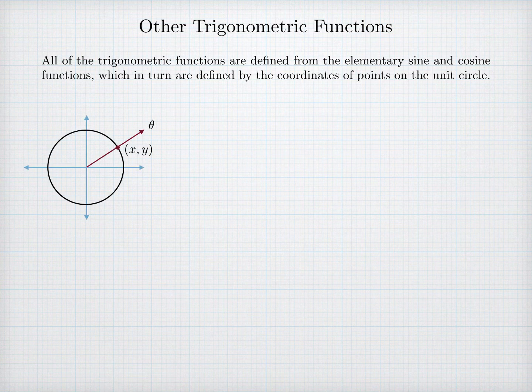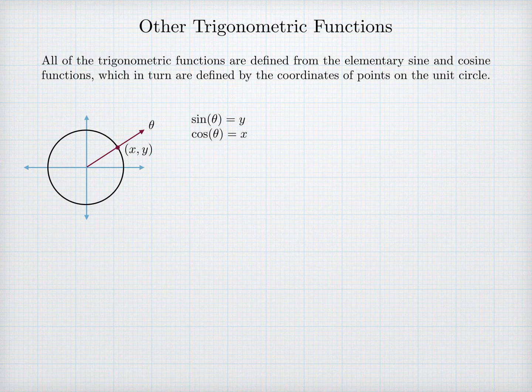So if I start with the unit circle, I've got an angle of theta that I measure from my positive x-axis. And that'll intersect the unit circle at some point, and let's label that xy. The y-coordinate of that point is the sine of the angle, and the x-coordinate of that point is the cosine of the angle.